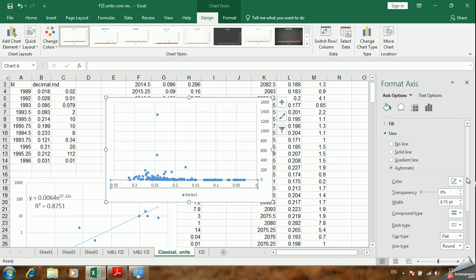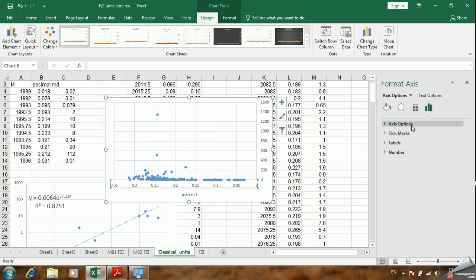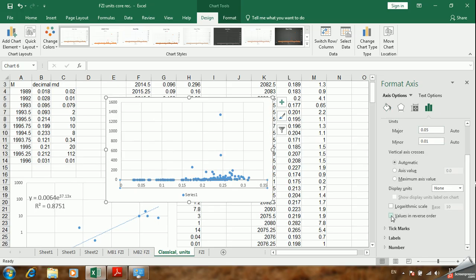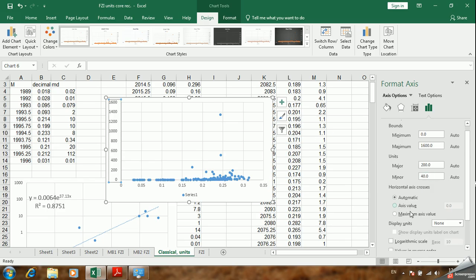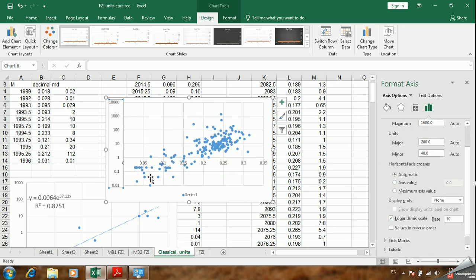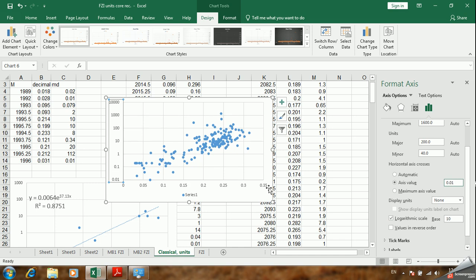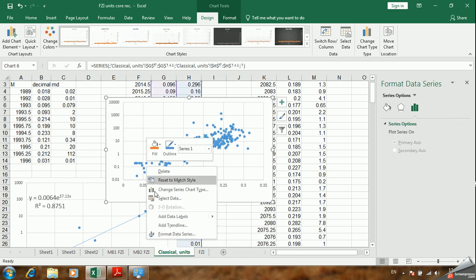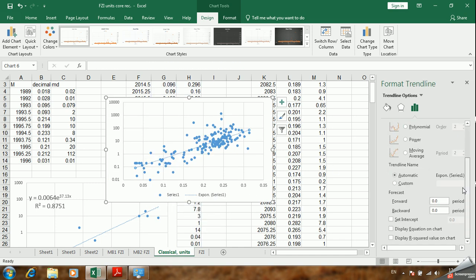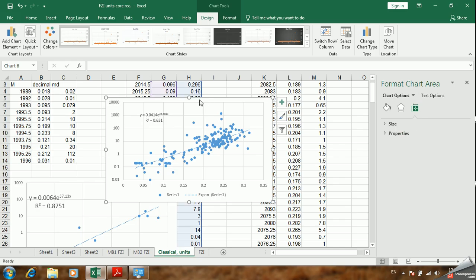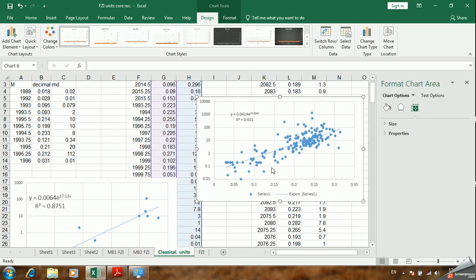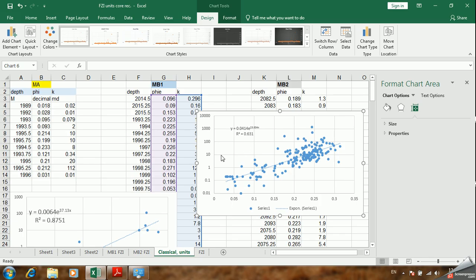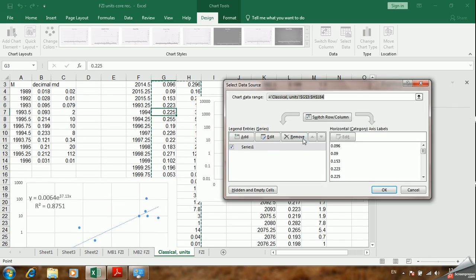This is in the logarithmic scale, intersecting with 0.1, and we can add an exponential trend line and find the correlation coefficient. So this is for the unit MB1.